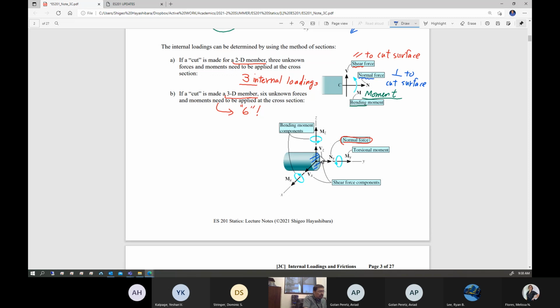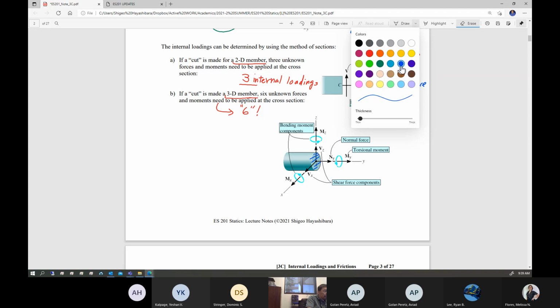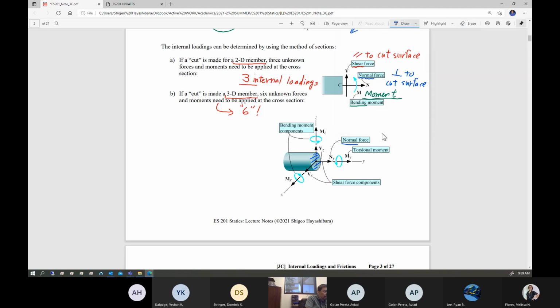So this is completely perpendicular to the cut surface. This is a cut surface. You are going to expose this cross section by doing a virtual cut of a member. Now, the force perpendicular to this cut surface is called normal force. Again, perpendicular to the cut surface.